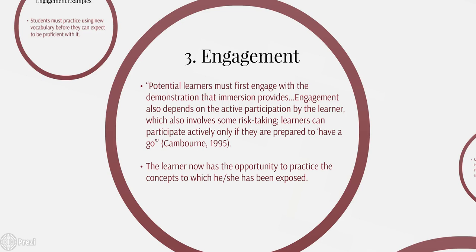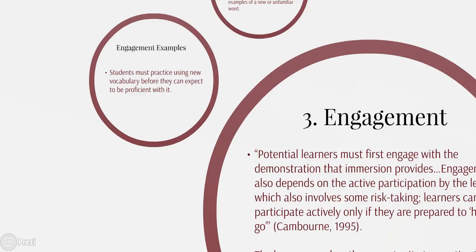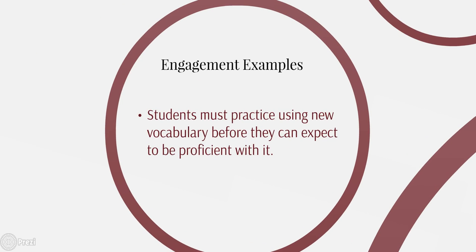So we've seen them exposed to it, they've seen it over and over again. The frequency with which they are seeing it, hearing it, is high. They're seeing it modeled correctly. Now they're using it themselves. That's where we're at in the process. So practice is definitely super important to being able to learn something new.